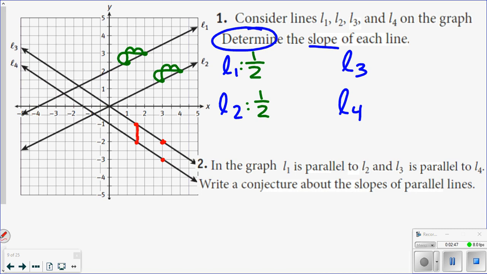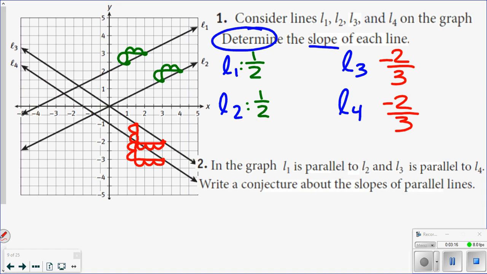Line 3, I'm going down 2 boxes over 3. And line 4, down 2 over 3. Don't forget about your negative. Line 3 and line 4 are decreasing or declining, so these slopes are negative.